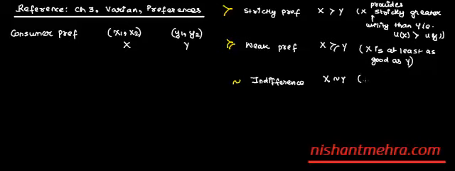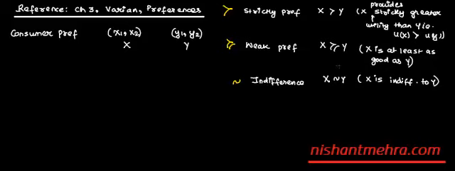That would mean that X is indifferent to Y. So indifference would mean that both the bundles are giving you the same utility. Whether you prefer X or you consume Y, you'll be getting the same utility. It doesn't matter. Is that right? So that is your indifference.